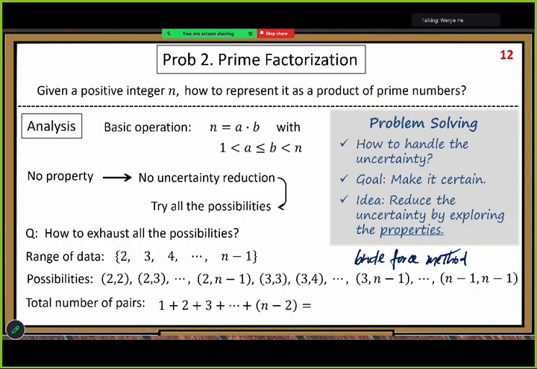The first round has n minus 2 pairs. So we apply our summation formula, 1/2 times n minus 1 times n minus 2. So we need to do this many multiplications and comparisons.